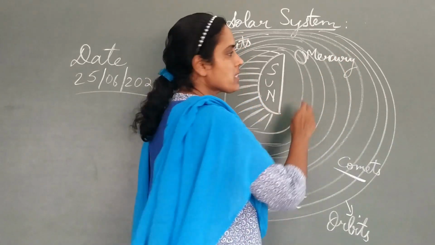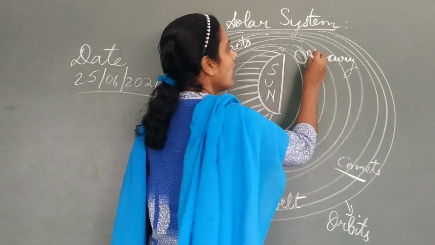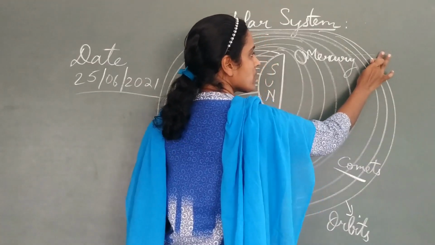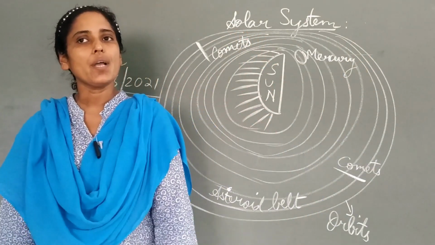If you don't have enough space, you can make the planet over here and put an arrow this side and right over here. Okay, students, that is also enough. Second one, you have your Venus.